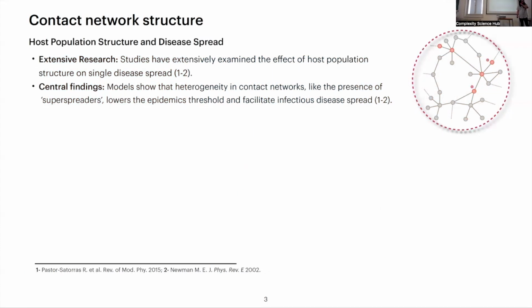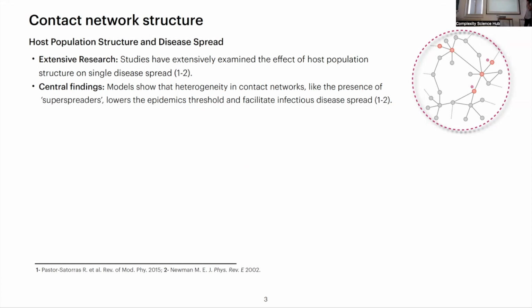Contact heterogeneity refers to a structure in which the number of contacts individuals have is disproportionately distributed. This means that some individuals have high activity and a higher number of contacts, while other individuals have a low number of contacts.